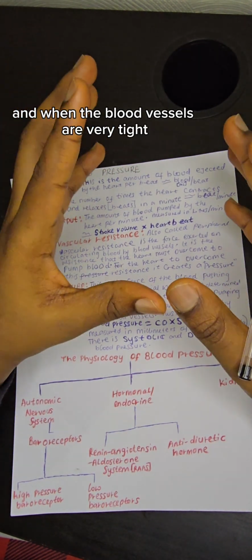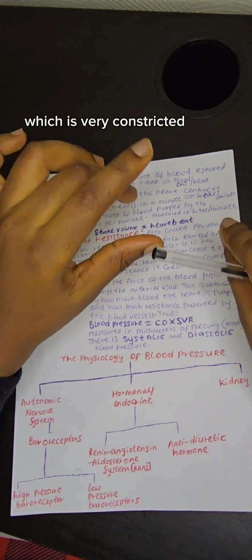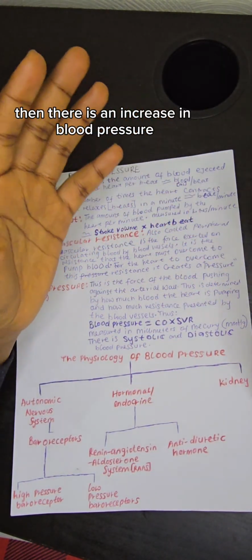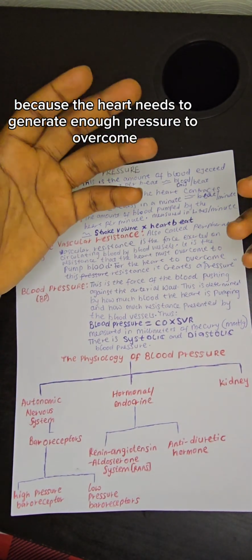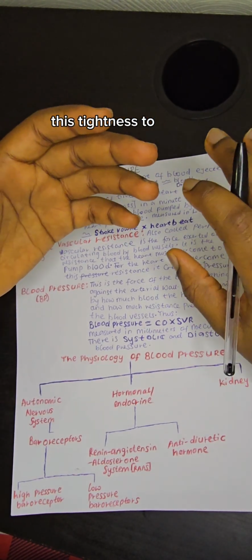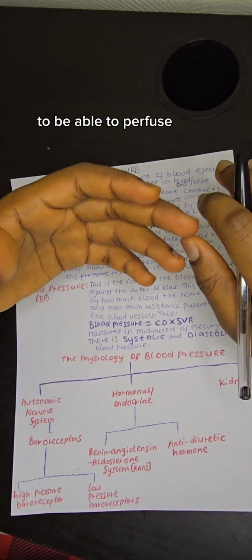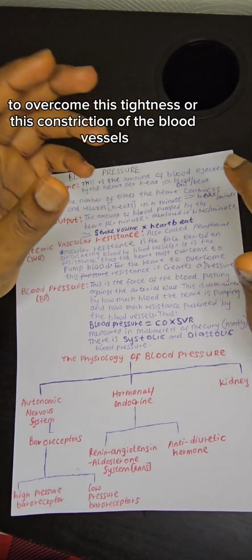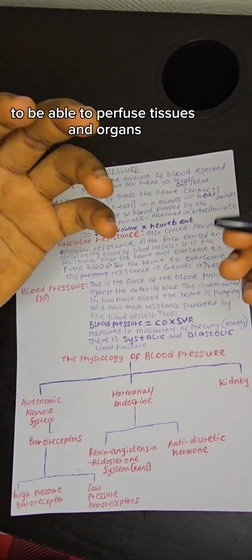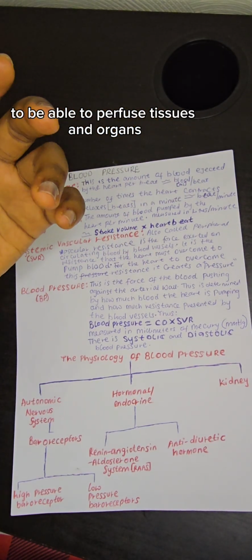And when the blood vessels are very tight, which is very constricted, then there is an increase in blood pressure because the heart needs to generate enough pressure to overcome this constriction of the blood vessels to be able to perfuse tissues and organs.